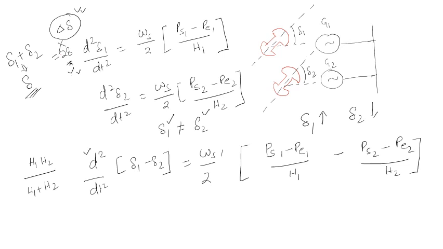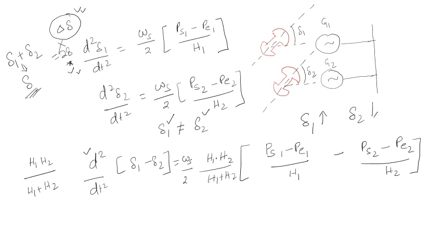Similarly, I have multiplied with the term h1 into h2. So I am multiplying like this: omega s by 2, times h1 into h2 upon h1 plus h2.